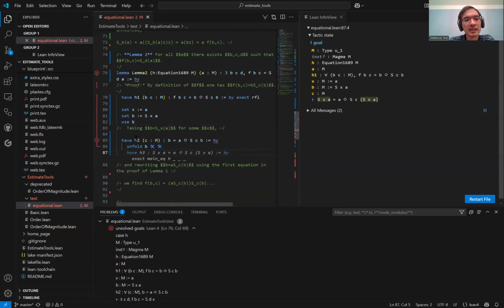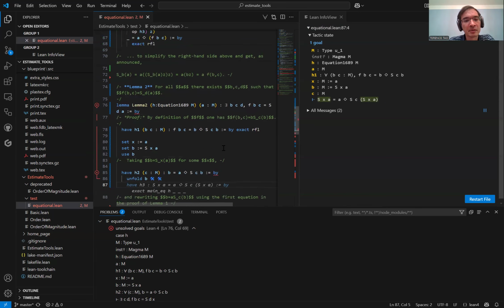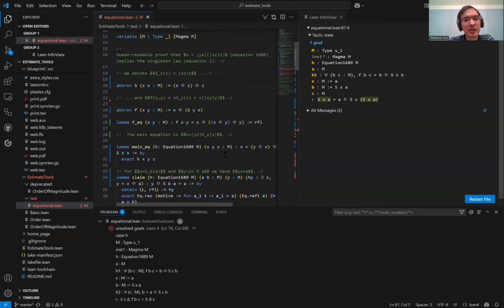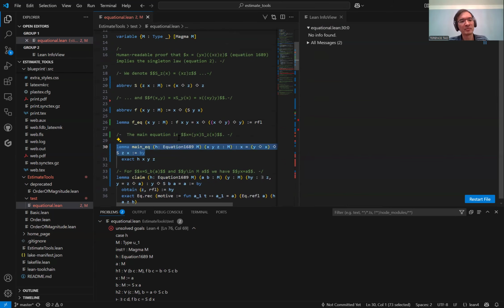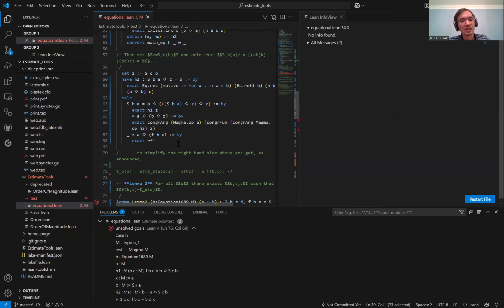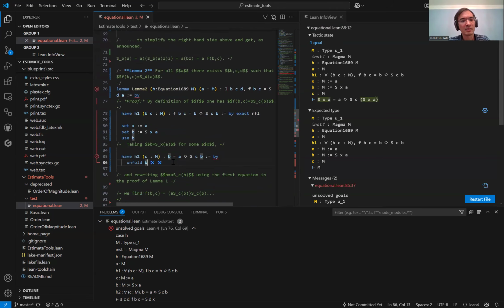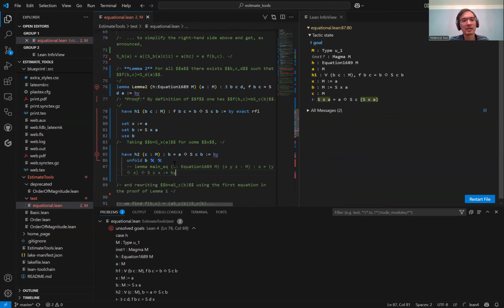Rewriting B equals A times SCB. So I actually have to look at, maybe that's the main equation. That does look like the main equation. Right, let's put the main.